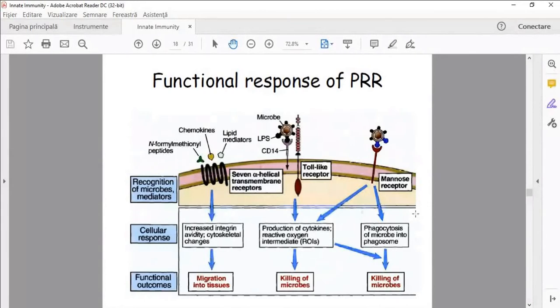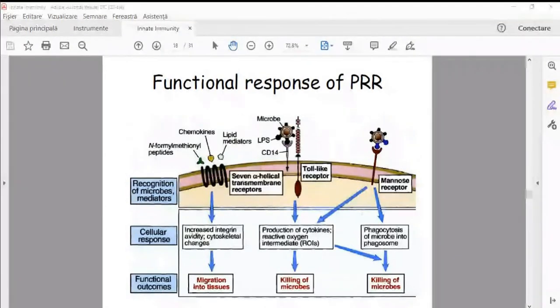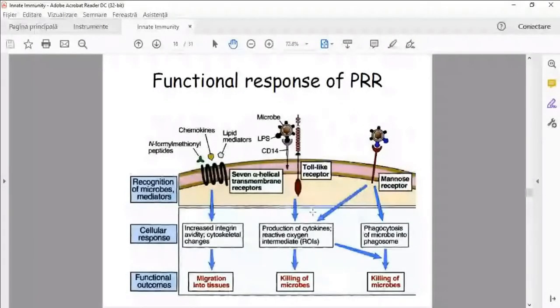In this situation, the functional response of pathogen recognition receptors includes increased expression of cellular adhesion molecules, which will lead to migration into the tissues of some leukocytes. Also it will increase the production of cytokines, but also the production of active weapons.